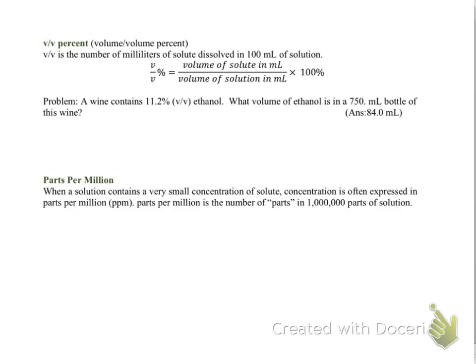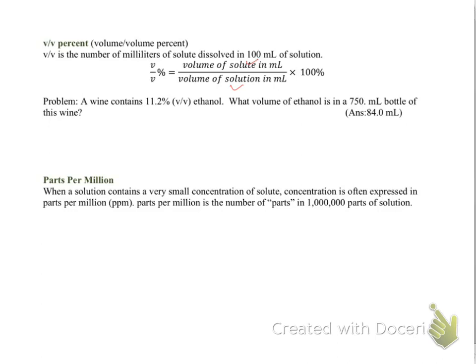The third one is the volume by volume percent, and as it says, that means I'm going to have volume of solute on the top, volume of solution in milliliters on the bottom. Both are volume. So let's look at this question. A wine contains 11.2% volume by volume ethanol.